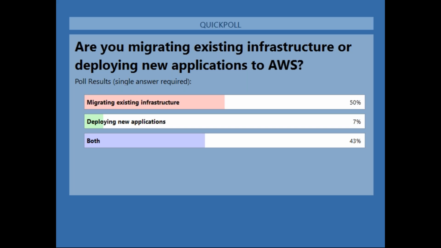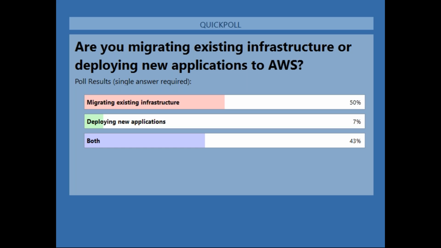Interesting. So the majority of our attendees are migrating existing infrastructure, followed very closely by people that are doing both. And a small number is deploying new applications. And this, by the way, is actually representative of the whole industry as a pattern.